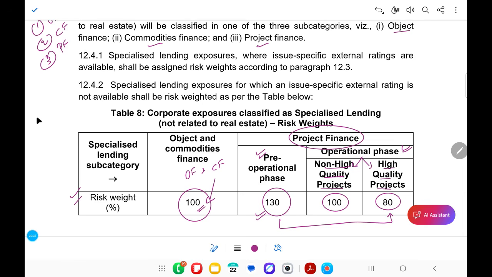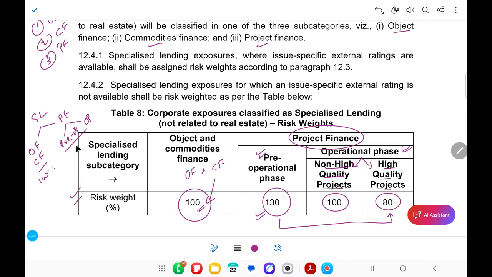So in specialized lending, there are basically two divisions: object finance and commodities finance, which are under the same slab of 100%. But under project finance, there are further two categories, pre-operational and operational.